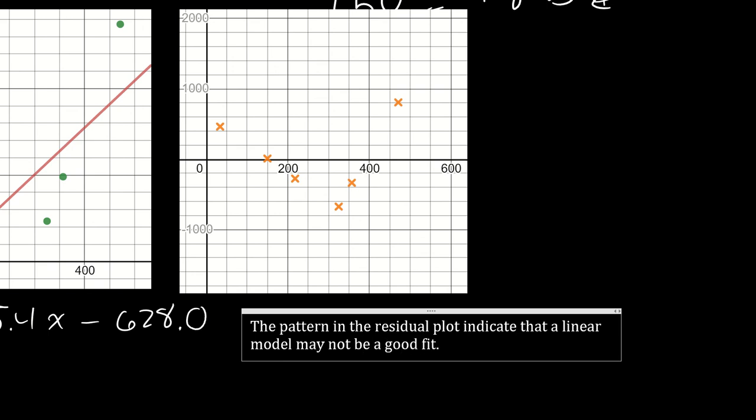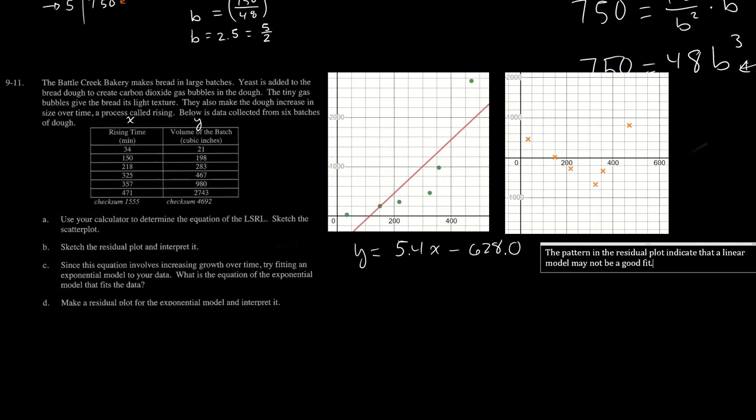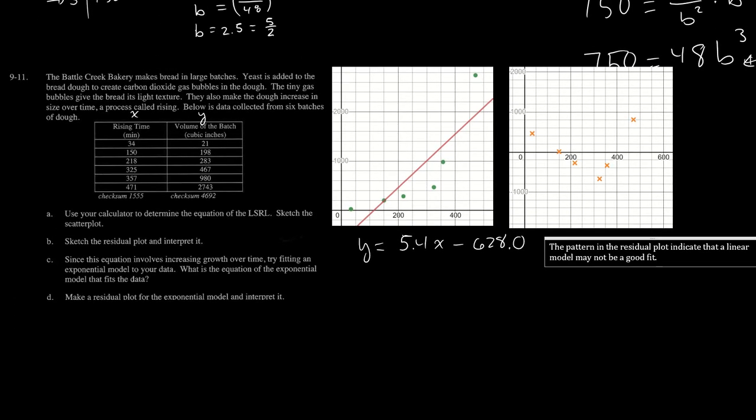And it's just because I see this pattern in the residuals, right? If I was to go back and look at the correlation coefficient, I think it was 0.87. So it's got a pretty strong correlation, but it's a super small data set too, so that doesn't mean much. But definitely the pattern in the residual plot indicates that a linear model may not be a good fit.